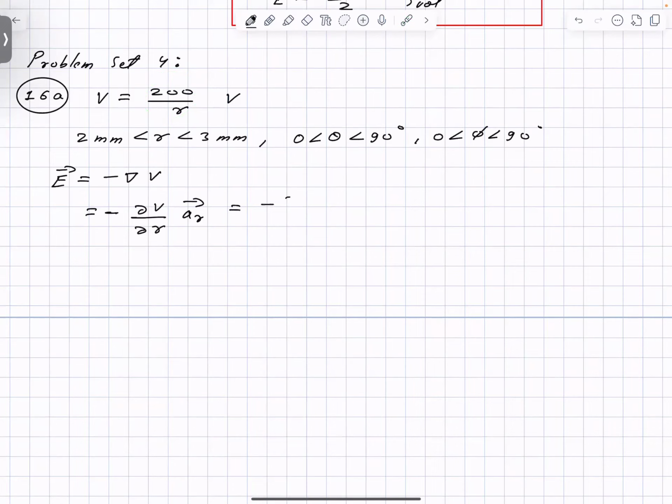Now we plug in 200 divided by R. Negative 200, and the derivative of 1 by R is minus 1 by R squared.